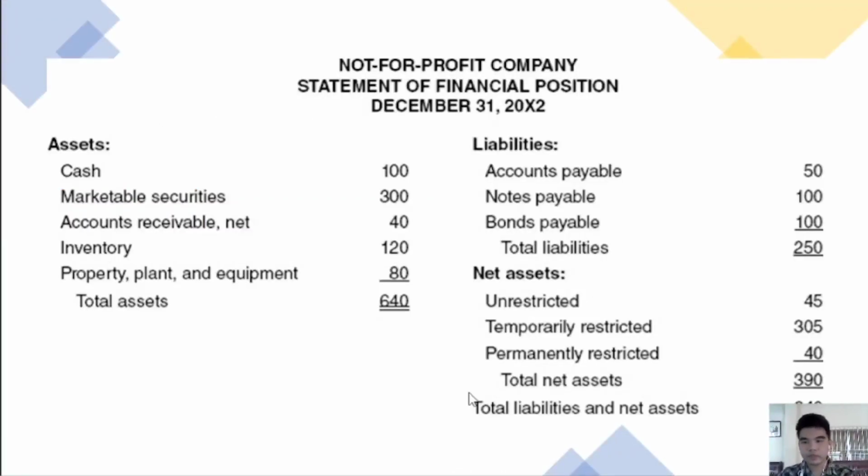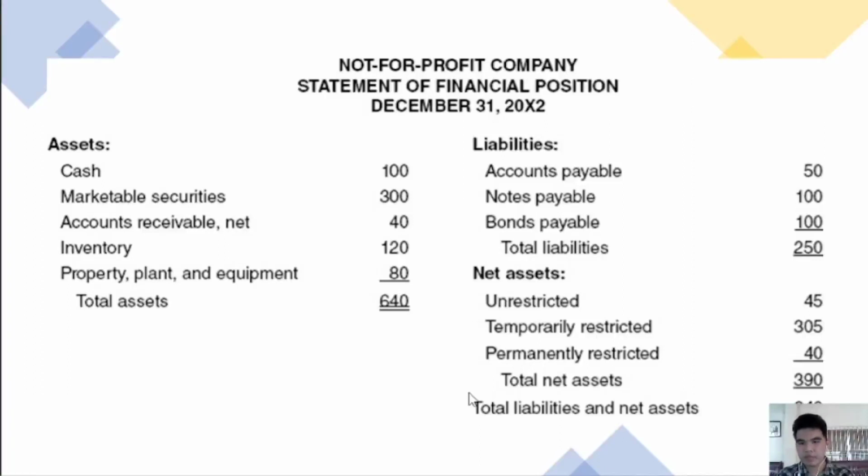Now, to better visualize what this discussion is all about, this is an example of a not-for-profit company's statement of financial position. As you can observe here, this is somehow similar to those of for-profit companies or entities. They also have cash, marketable securities, accounts receivable, and of course liabilities.